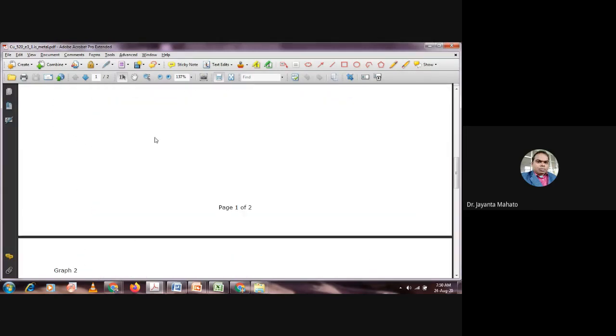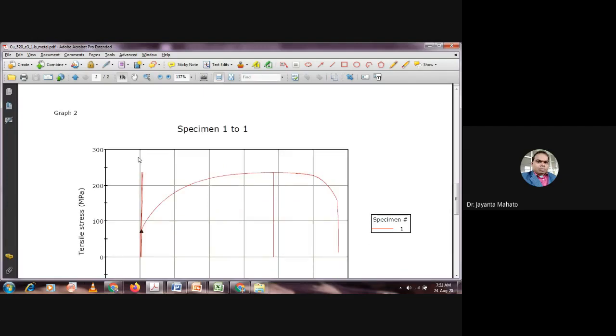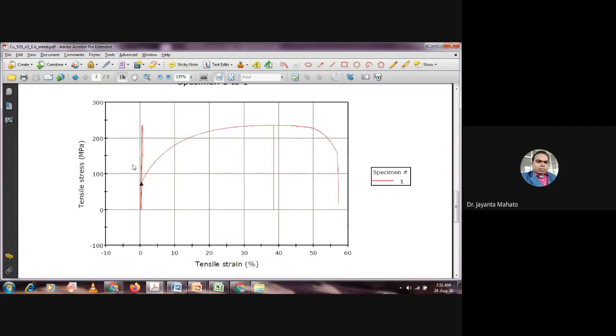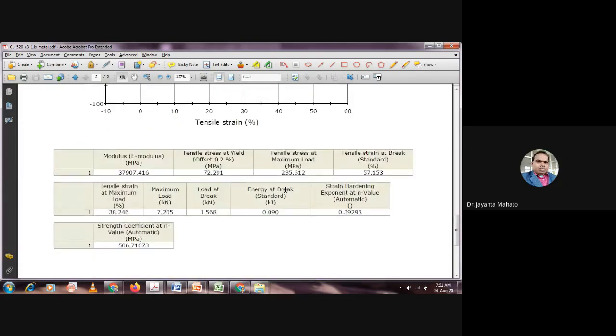So the material is strained at 0.1 percentage per second, and it strains more than 50 percent, and the material will ultimately fail.